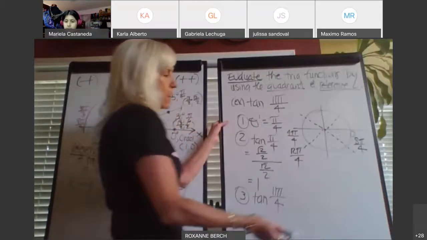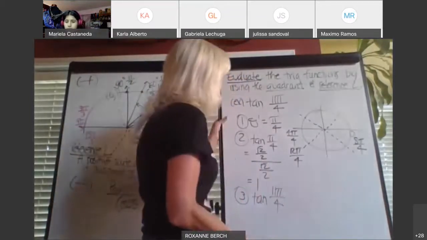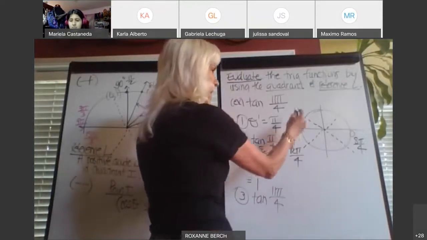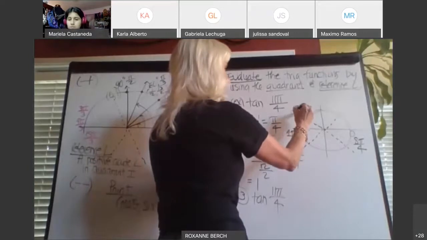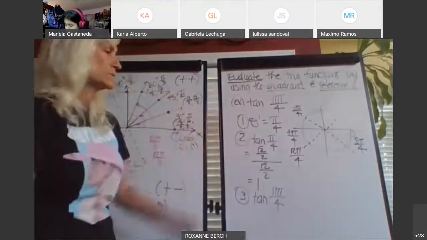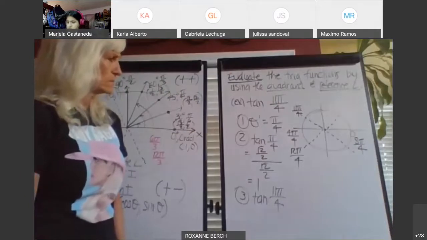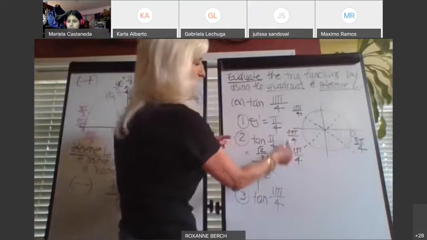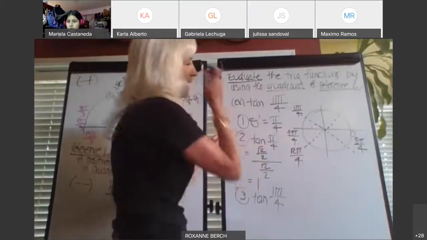So if this is 12 pi over 4, would this be 11 pi over 4? One back. I'm not talking about these right here, which are for the horizontal, not this one.